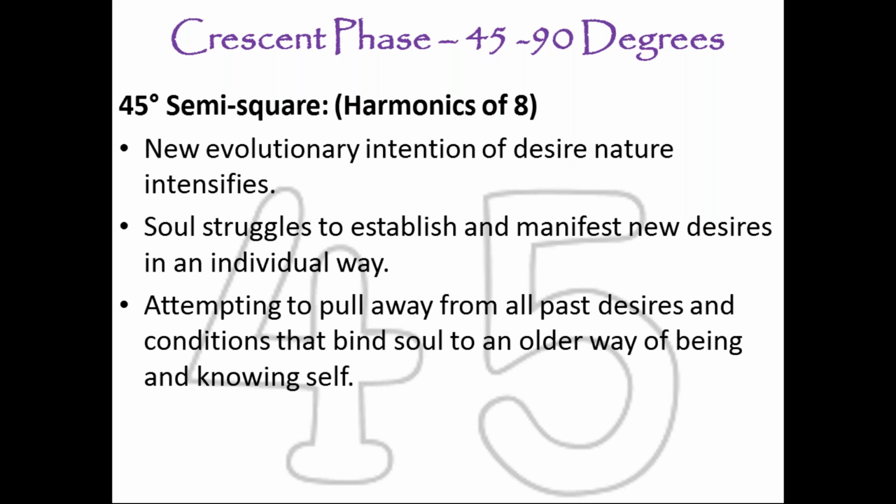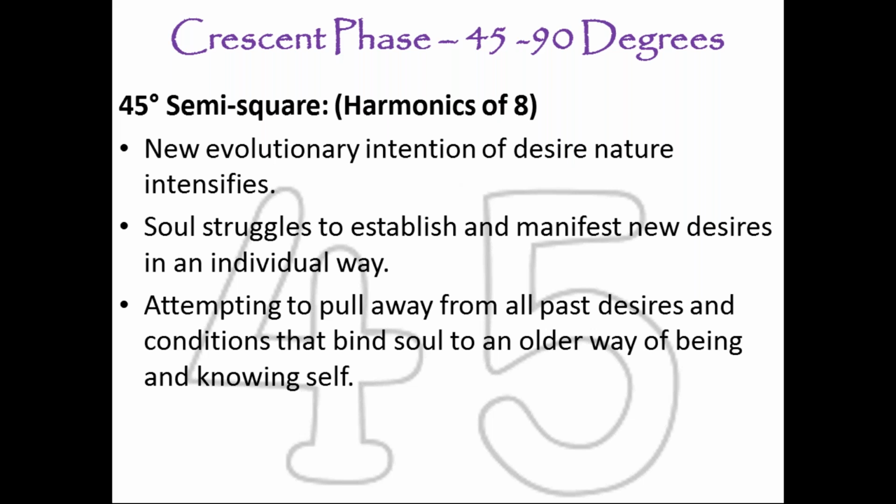And as we work to do that, and then we start moving through the crescent phase, we recognize there's still more work. There's still more evolving of what our desires really are and how we want to evolve the manifestations of them.